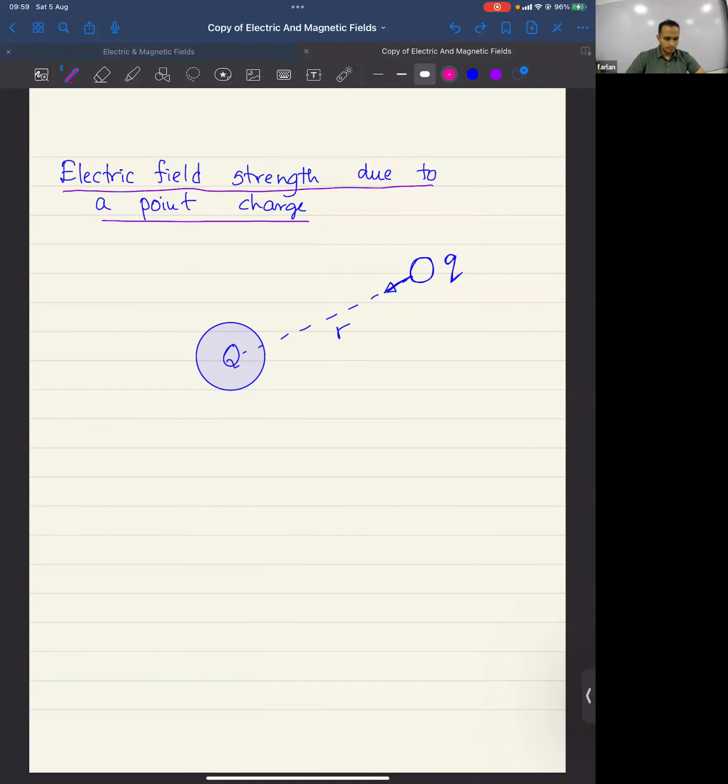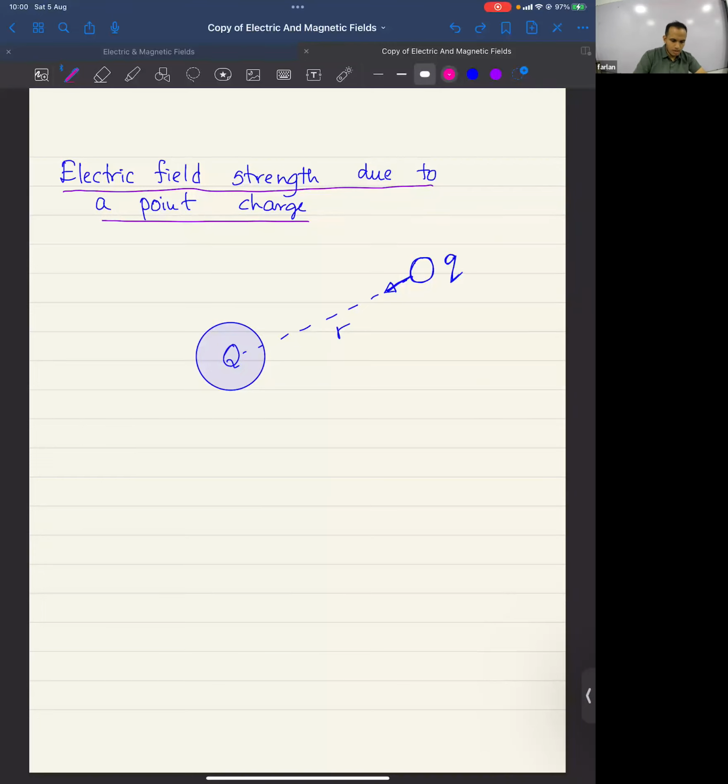And at a distance r, let me say there's another charge, simple q. So I'll take the force on this to be F. It can be either attractive or repulsive.